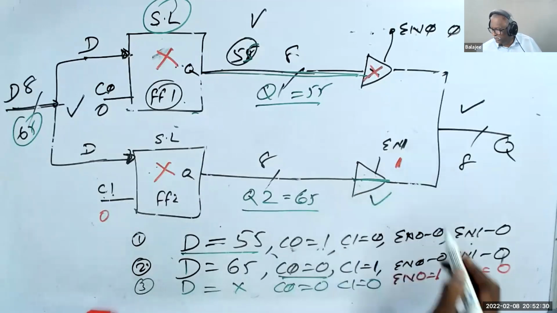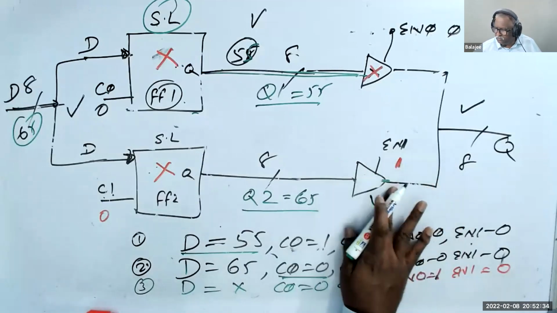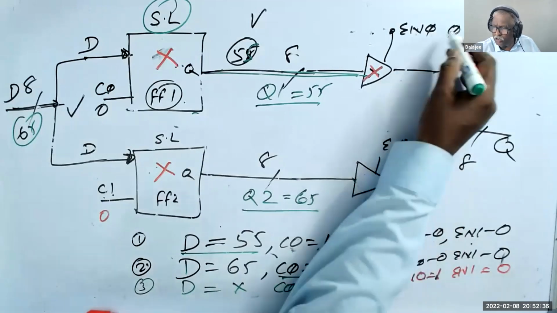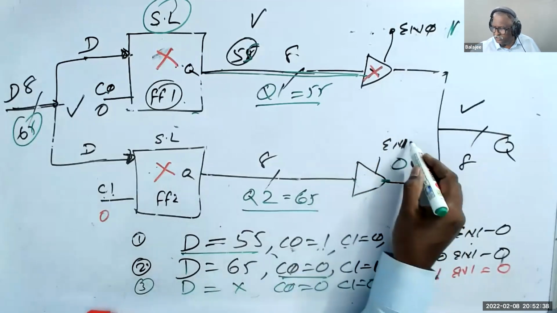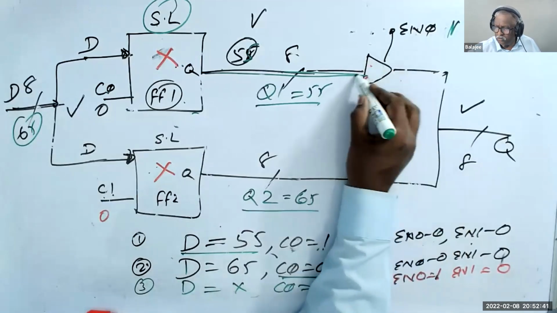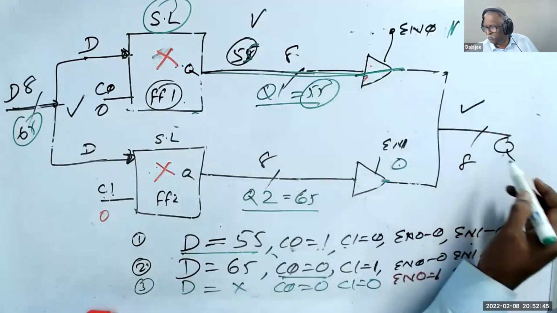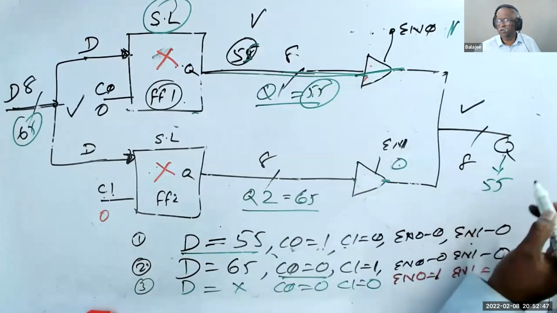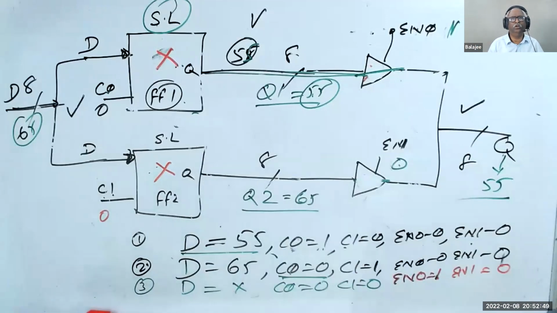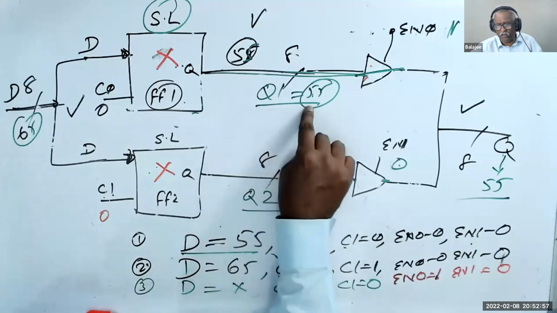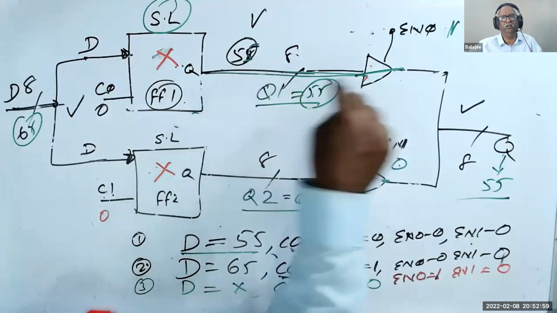Sorry, enable 0 is 1. Sorry, this is off. I did a mistake. Enable 0 is 1. Enable 1 is 0. So this one is on. So the 55 will come out. Q becomes 55. So I'm reading the first data. Correct. I'm reading the data of what is written on Q1.